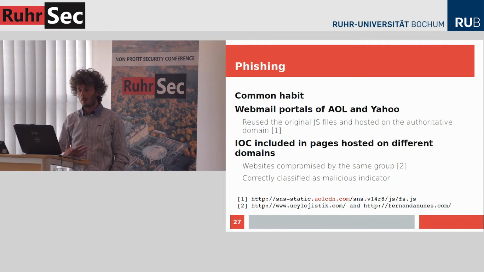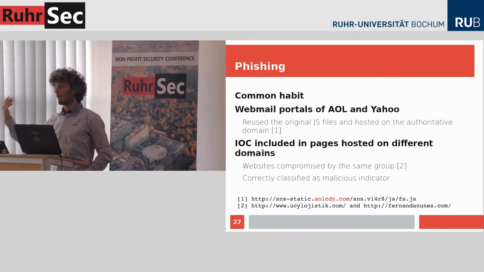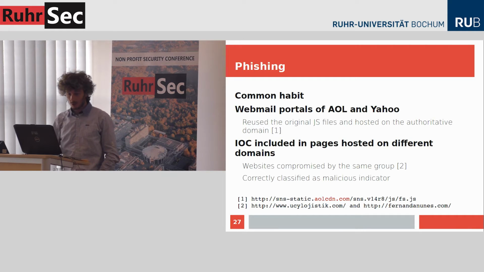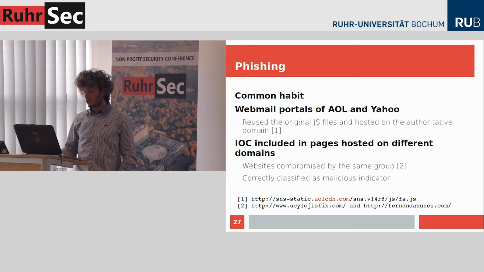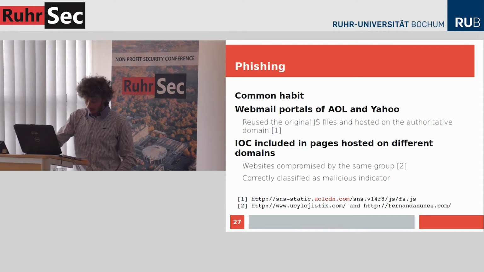Because if you have a web portal for American Online and use a JavaScript from American Online, normally the web portal should also be hosted on American Online or a subdomain of American Online, and this was not the case. So we have multiple websites compromised by the same group on different domains, and this was one of the features of our classifier. That's why it shows that the system works and currently flags all these indicators as malicious, as a valid indicator of compromise.